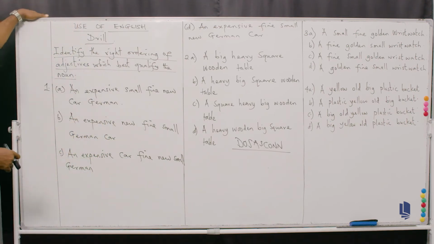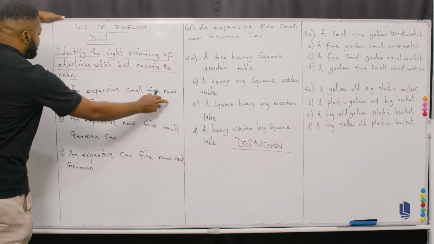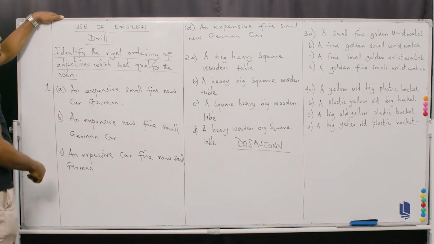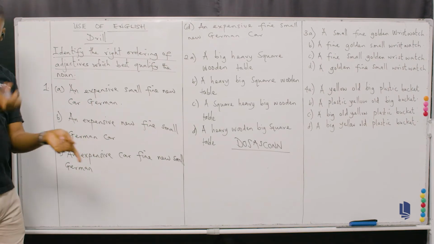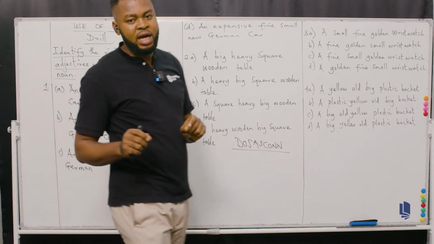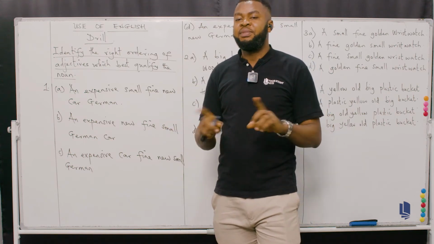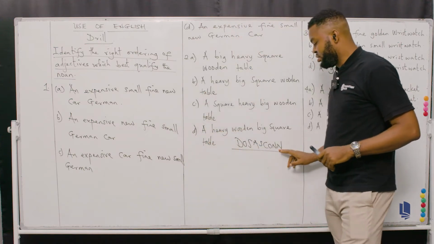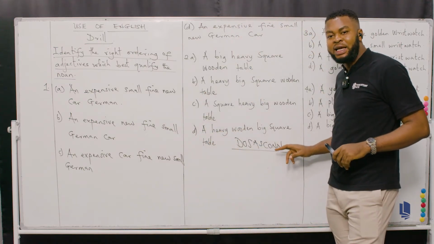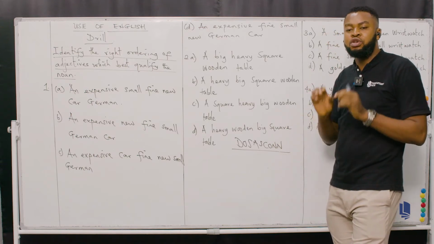Now, let's start quickly. So we have an expensive, small, fine, new car German. Now, let me give you a logic. Anytime the actual noun, which is car, is being repositioned, just know that that particular option can never be the answer.